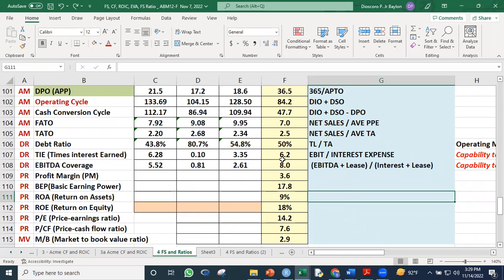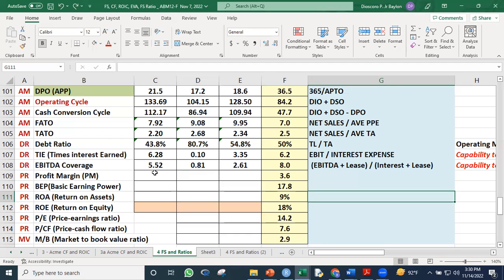So in this regard, our company is almost at par with the direct competitor in terms of our capability to pay interest payments. Pero dito sa EBITDA coverage, you can see the disparity.